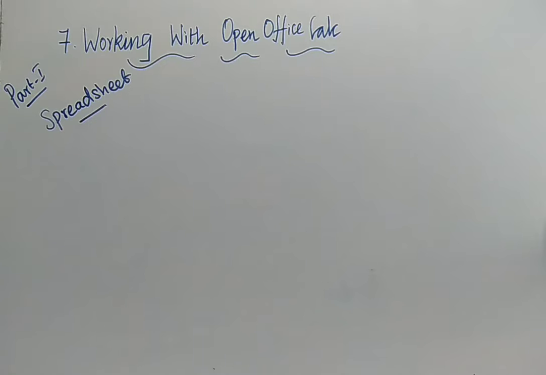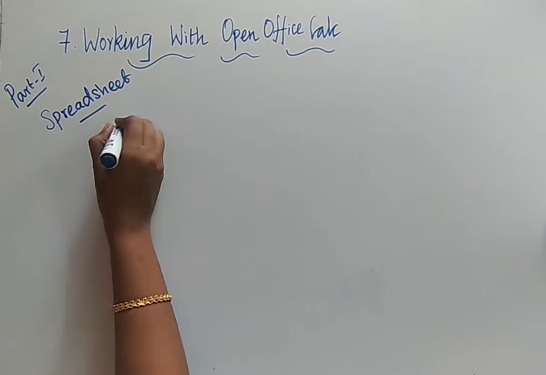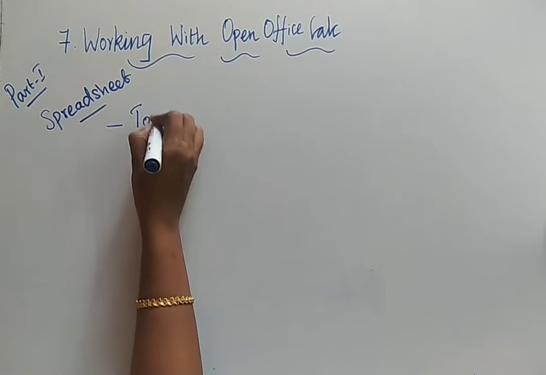A spreadsheet is a very useful office tool to organize, analyze and store data in tabular form. So what is a spreadsheet? A spreadsheet is an office tool. It is a tool to organize.